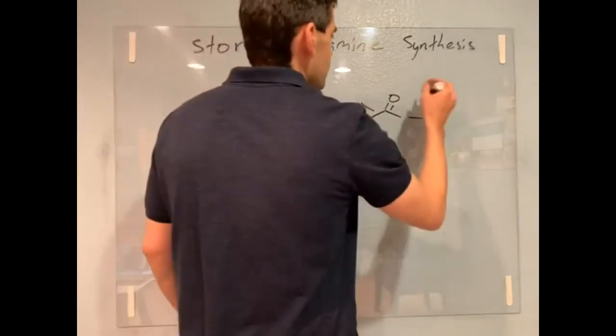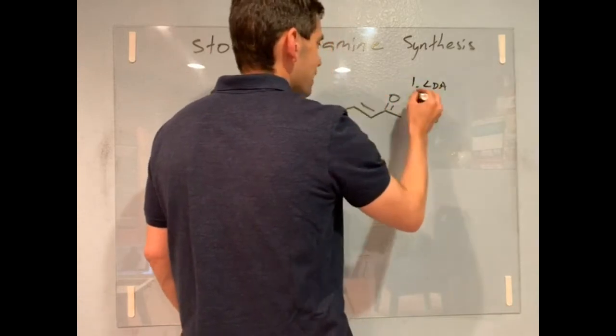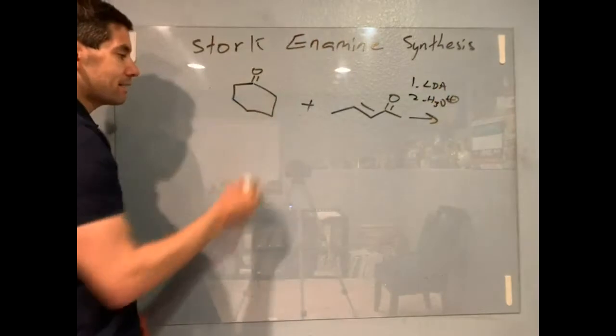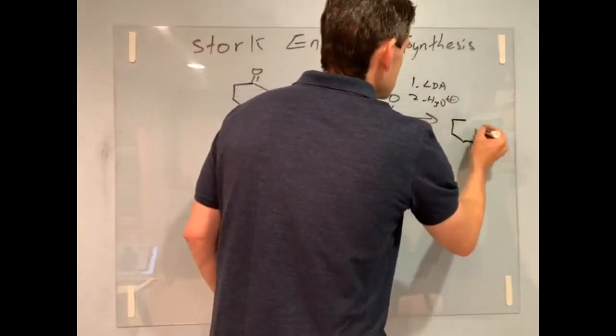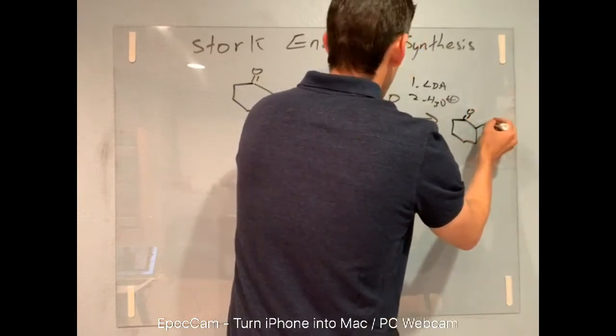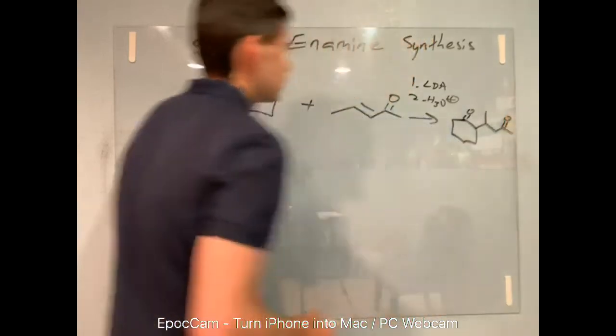And I'm going to use what? I'll just go ahead and use LDA. Very strong base. We're going to add that, and then the second step would be H3O+, right? We're going to make our enolate here, and this is what we want to get. We're going to add at that beta position here, and we're going to have our carbonyl back there, right?